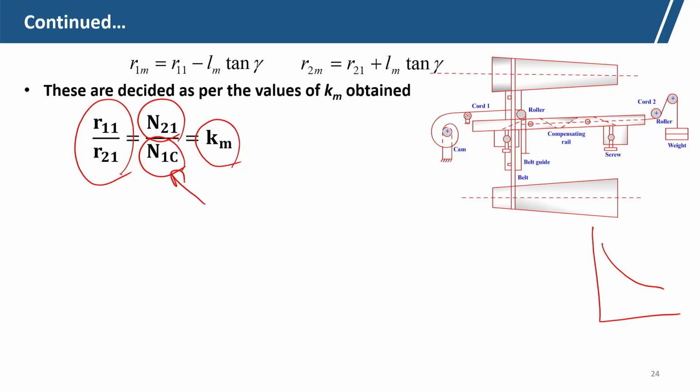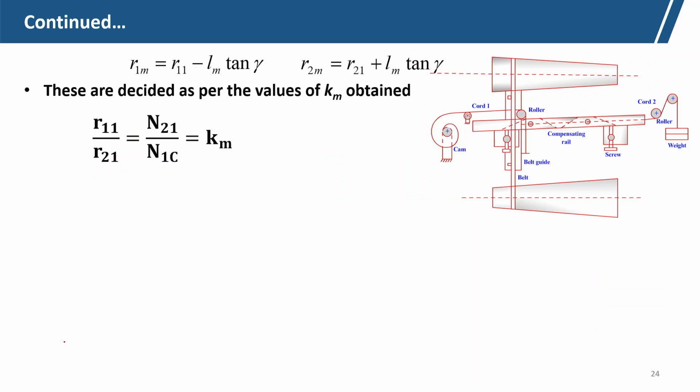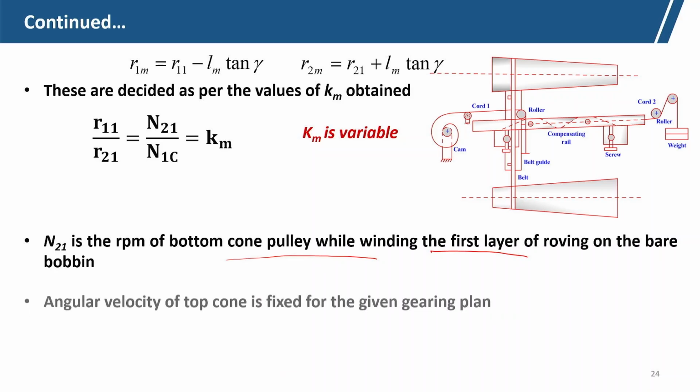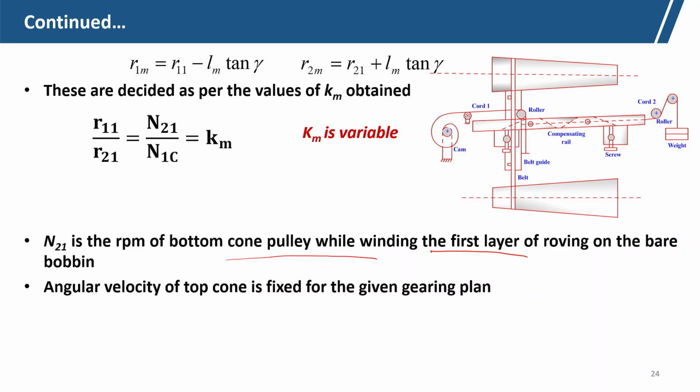N1C is the RPM of the top cone pulley, but N21 is the RPM of the bottom cone pulley for the first layer. So, Km is variable. N21 is the RPM of the bottom cone pulley while winding the first layer of roving on the bare bobbin. The angular velocity of the top cone pulley is fixed, it is given by the gearing plan.